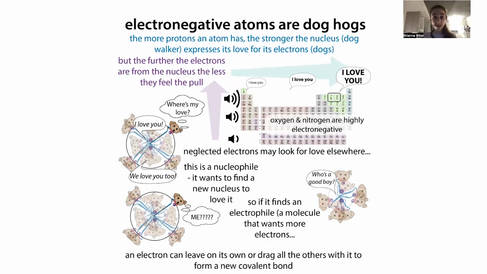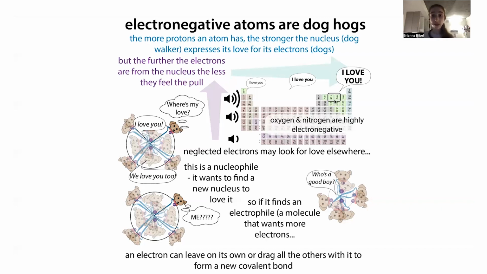We can look at trends on the periodic table to see where the more electronegative ones are going to be, and we find them in the upper right corner. This is for various reasons, including that the outer electrons, the ones that can move around more and are more reactive, are going to be closer to the nucleus.